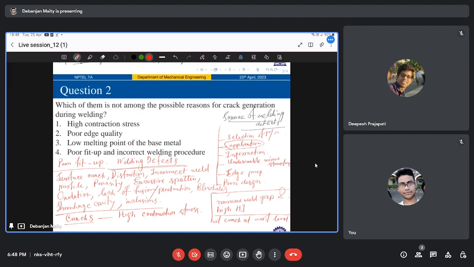And in terms of different cracks, we have already talked about longitudinal and transverse and crater cracks.